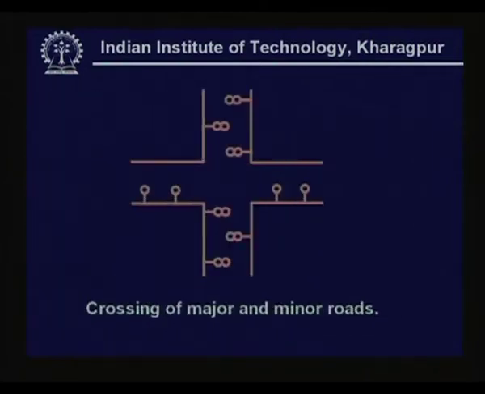In fact, this picture shows an arrangement where there is a major road and a minor road and a crossing. As can be seen, to distinguish between the two arrangements, on the major road, which runs from top to bottom of the figure, the arrangement taken is staggered.